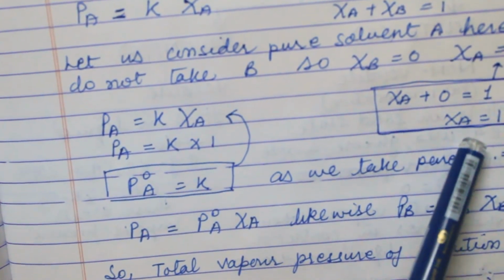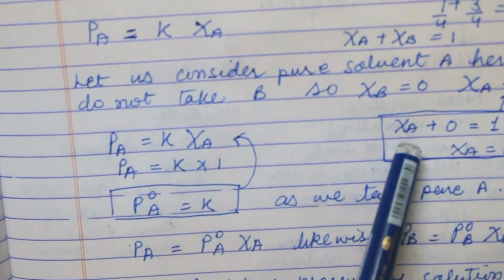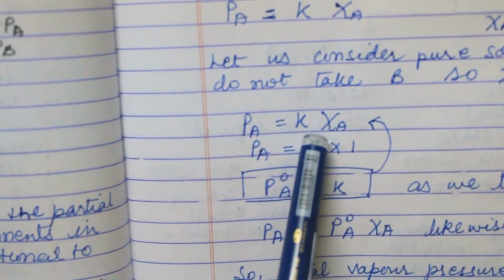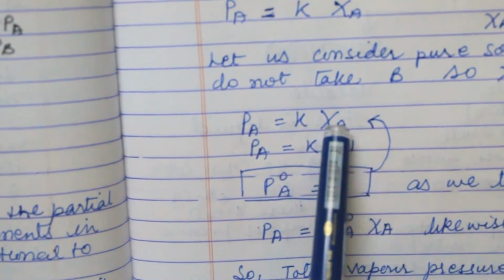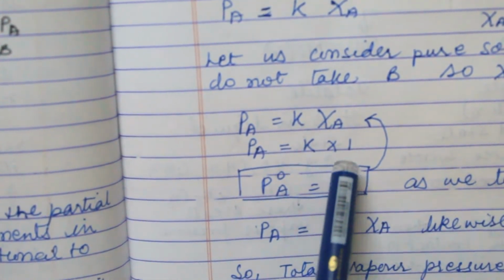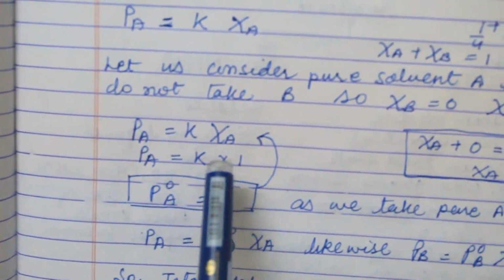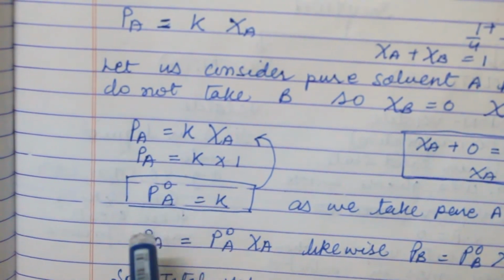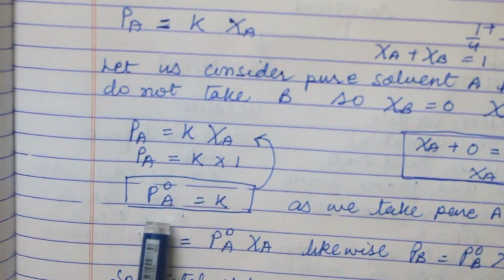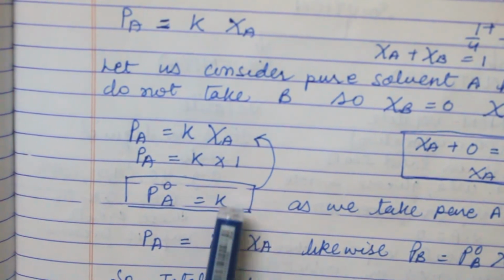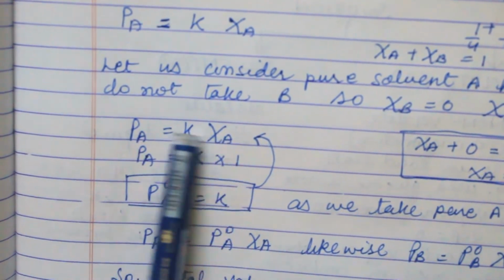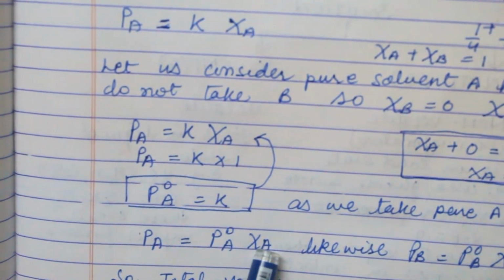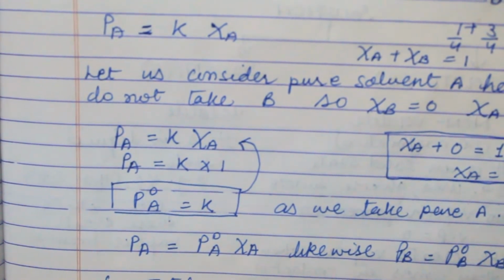So we only take pure A. If we remove the proportionality sign, K is the proportionality constant, and if zeta A is 1, then PA is equal to K. Also, here A is in the pure state, so we can say that P naught A is equal to K. If we put the value of K in this equation, we get PA is equal to P naught A zeta A. Likewise PB is P naught B zeta B.